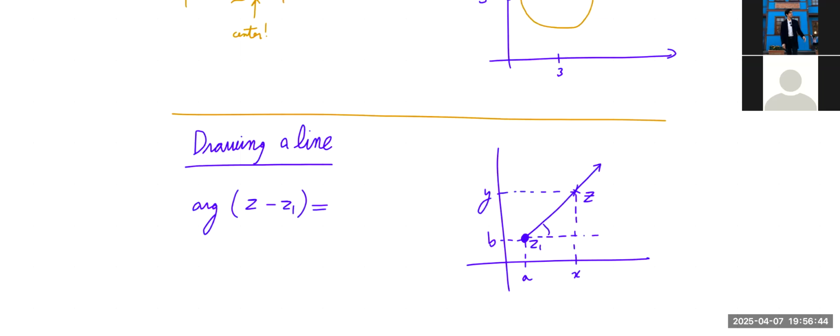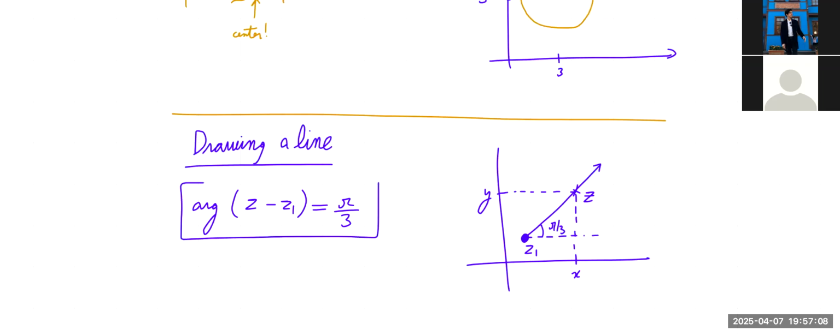So I will specify an angle like pi over 2 or pi over 3. In this way, I've basically created a line from my initial point Z1 of every single point in the world such that the line that connects Z1 to that point is always pi over 3 radians from the x-axis, from the horizontal. So this will create a line.